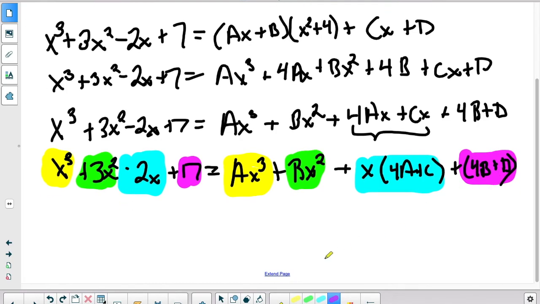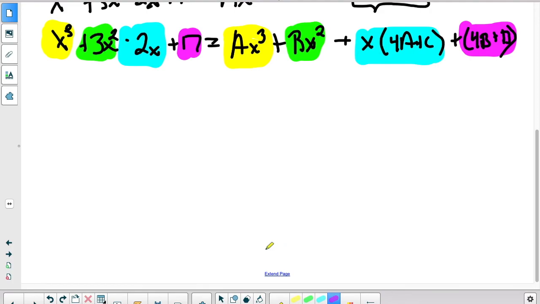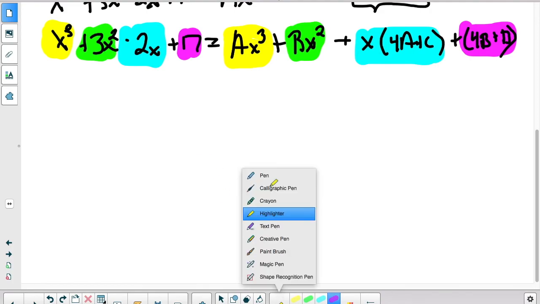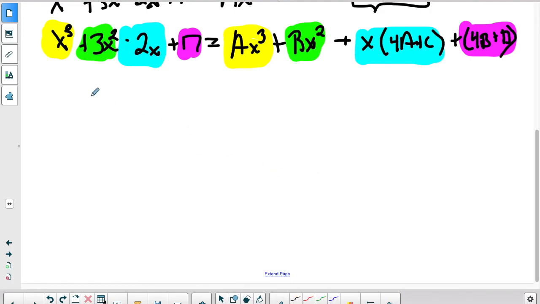And really what we're more focused on is the coefficients. Not the leading coefficient, because that's only the term in front of the variable with the highest exponent. We're mainly focused just on the coefficient.